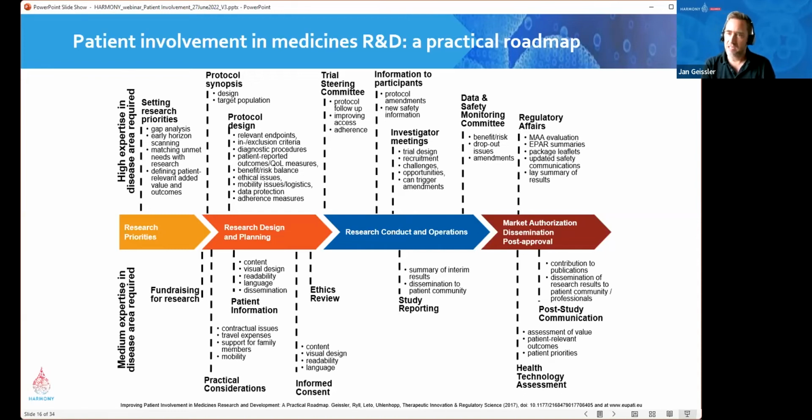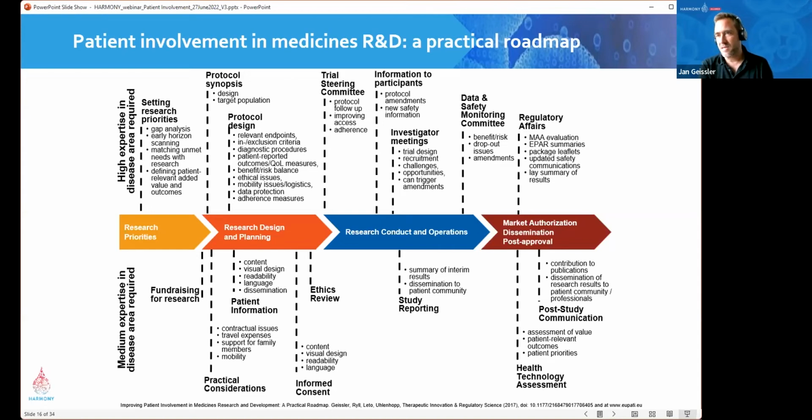I sit on an ethics committee where we look at studies on a 4-weekly basis, and I'm part of the ethics panel here in Bavaria. We sit on trial steering committees. I'm at the moment on 2 trial steering committees in the area of CML. We've been presenting at investigator meetings about our perspective on trial design and potential amendments to the protocol.